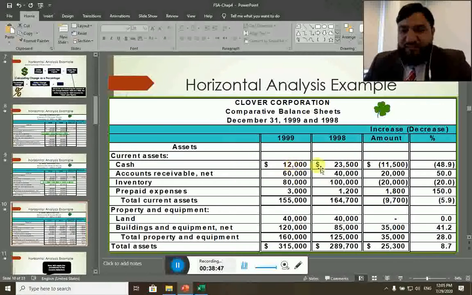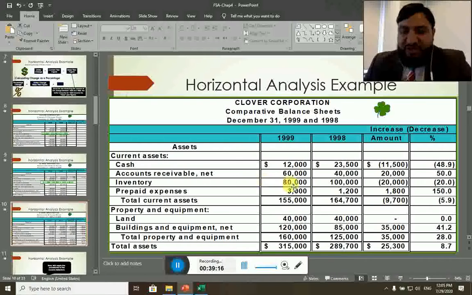First 12,000 minus 23,000, then divided by 23,000 multiplied by 100, we get this. Then for accounts receivable, 60,000 minus 40,000, we have 20,000 plus. Now 20,000 divided by 40,000 multiplied by 100, we have 50%. So a 50% increase in accounts receivable.